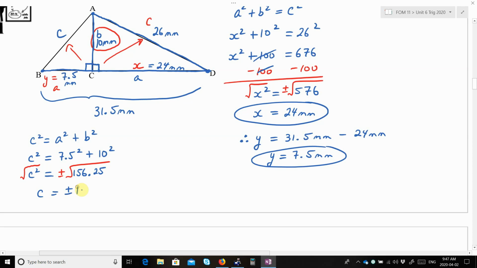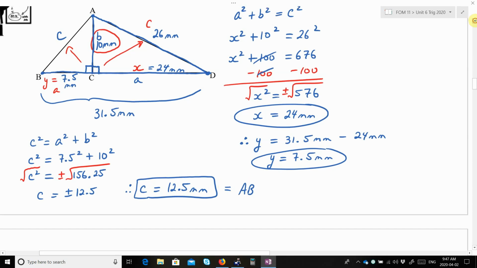So technically, mathematically, plus or minus 12.5 works, but we would say therefore, since C is the length of a side, C is 12.5 millimeters. Okay, and that is equal to the side AB, which is what we were trying to find.